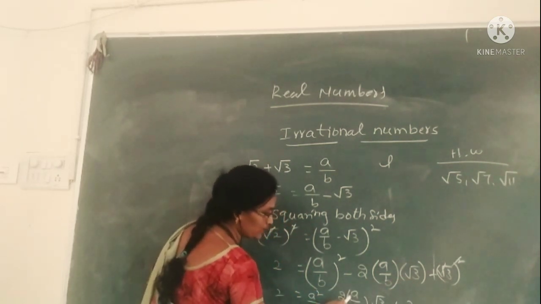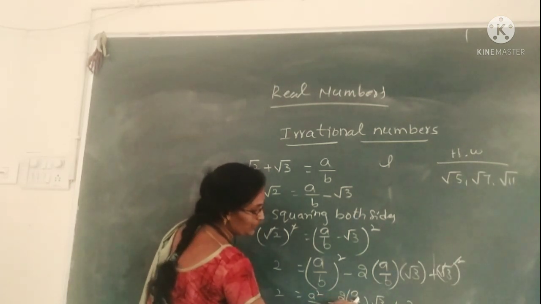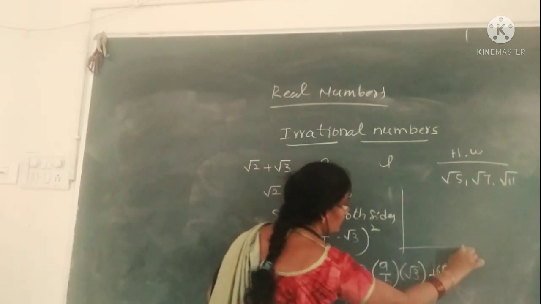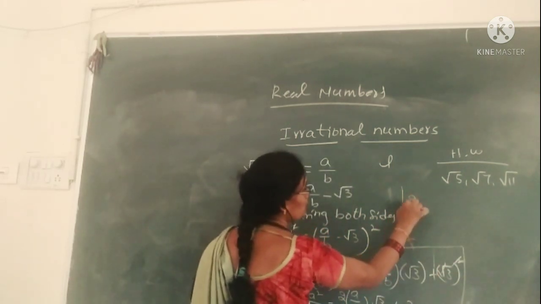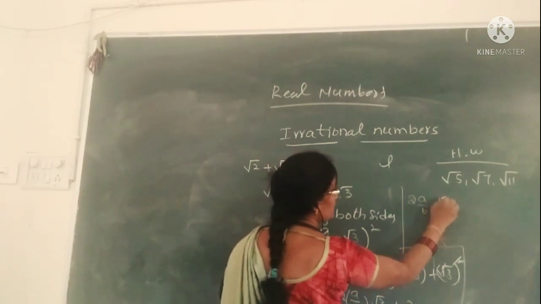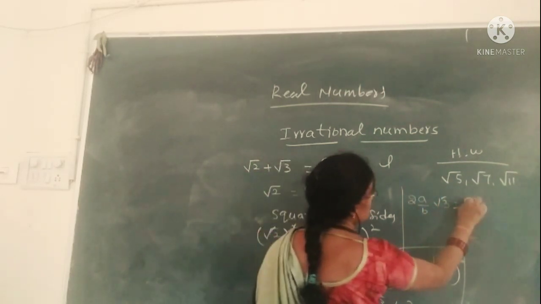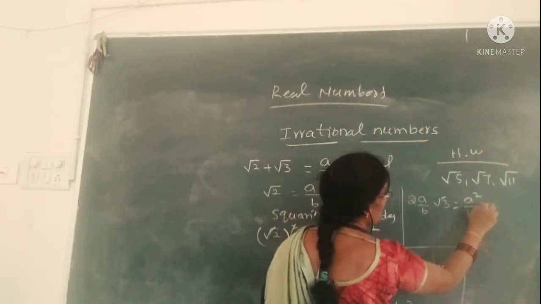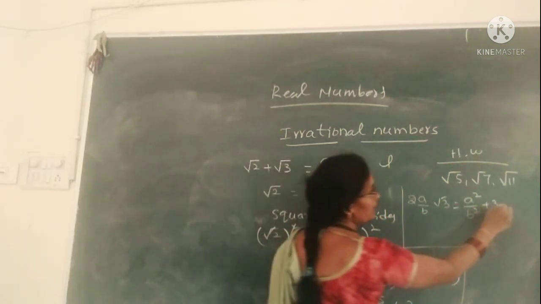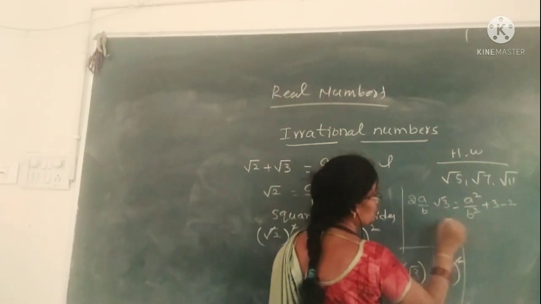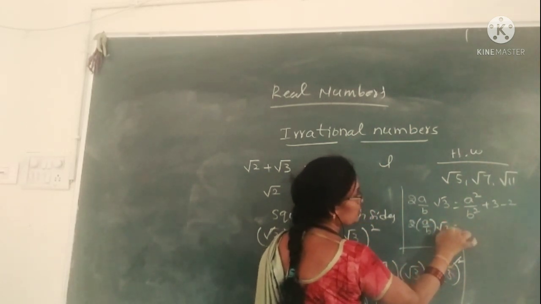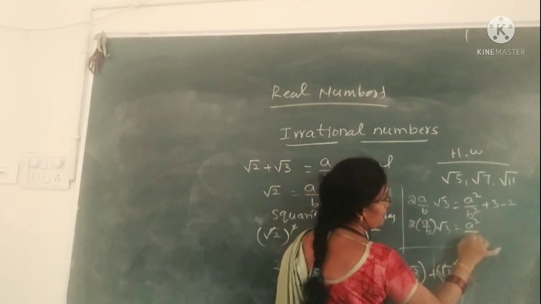Transferring the minus 2 into a by b into root 3 to the LHS, and the 2 to the RHS, we get 2 into a by b root 3 is equal to a square by b square plus 3 minus 2.